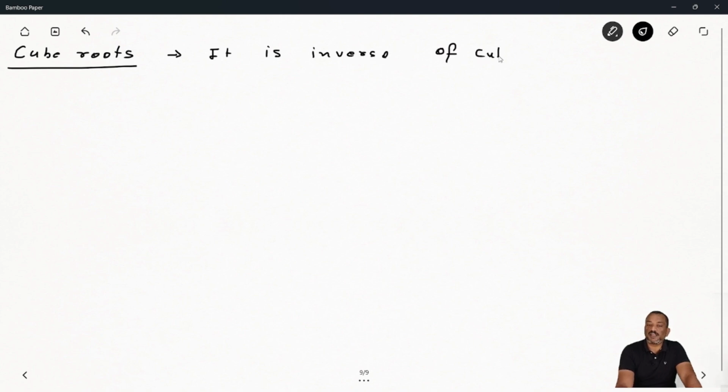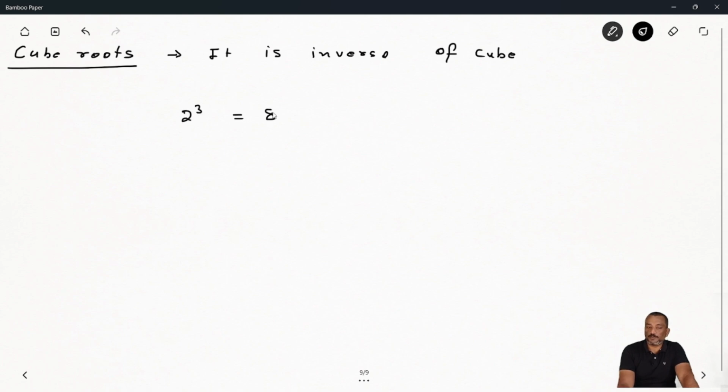Any number's cube, their opposite is cube roots. Cube root is basically the value that reverses a cube. Like if I say, you know that 2 cube is how much?